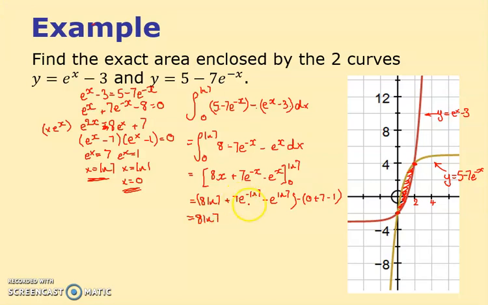This actually becomes e to the minus log 7 becomes a 7th. So it's 7 times a 7th, which is 1. And this is minus 7. This is 7 minus 1 is 6, minus 6 more. So that's 1 minus 7, I get 8 log 7 minus 12. What is it, minus 12? Yeah, good. It actually was the answer as well.